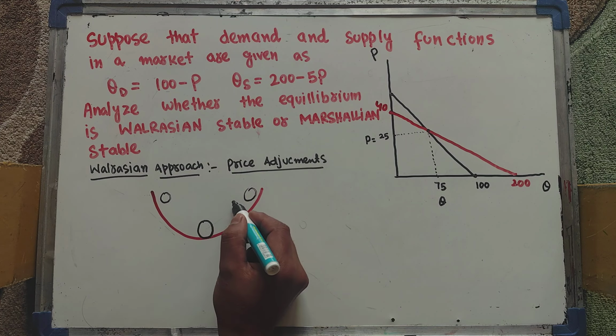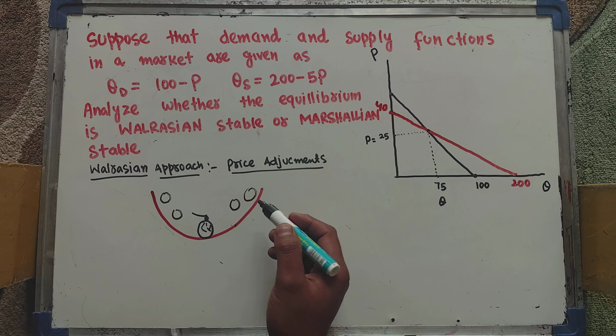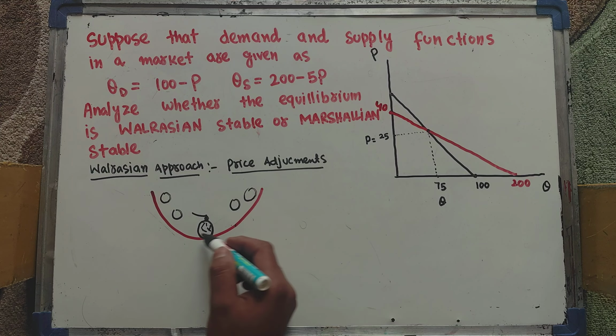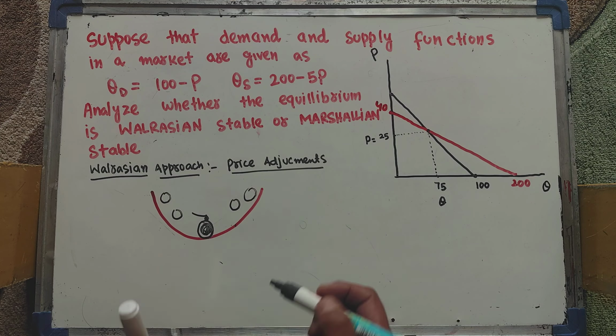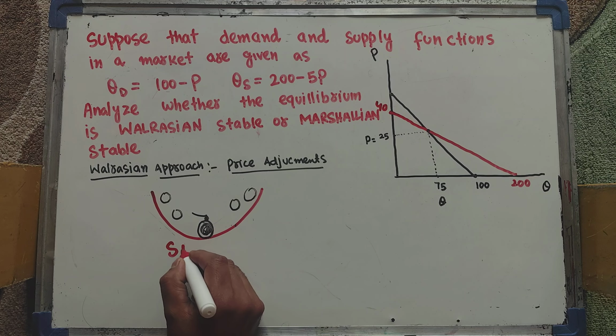So in this case we say the equilibrium is stable, because when there were forces that tried to deviate or disturb this equilibrium, there were market forces that helped it reach its original position. So we say it is stable equilibrium.